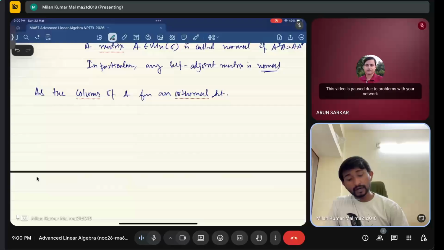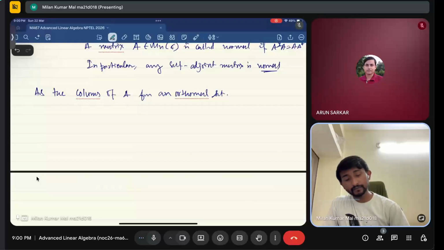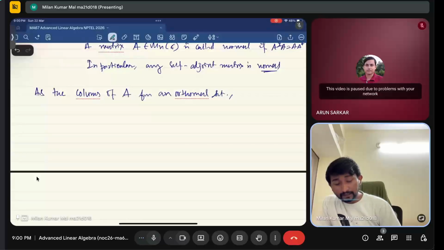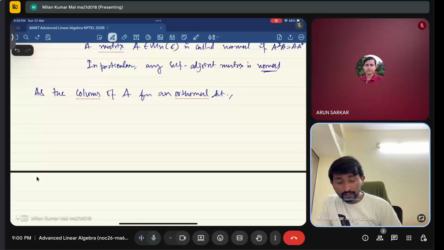So if C1, C2, all the way to Cn are the columns, then C1, C2, all the way to Cn is an orthogonal set, an orthonormal set.